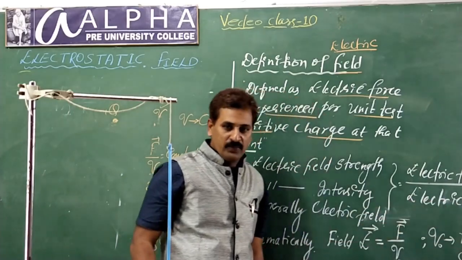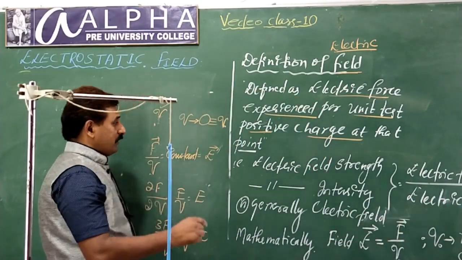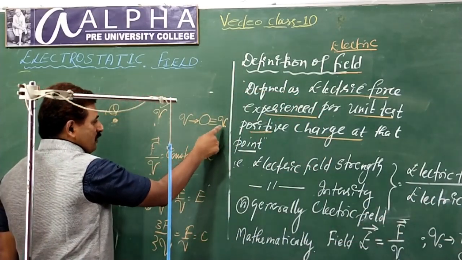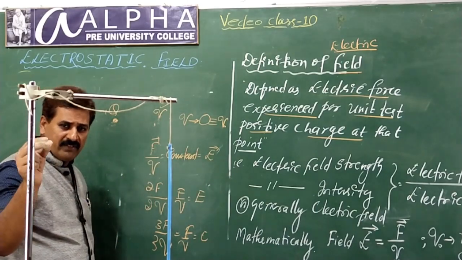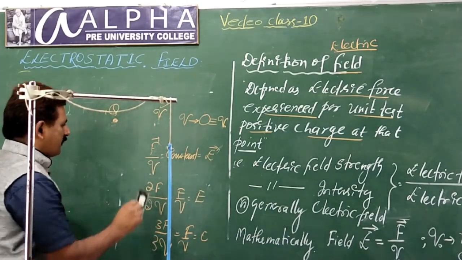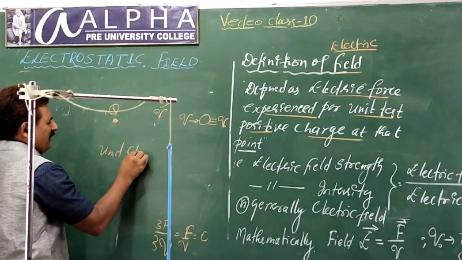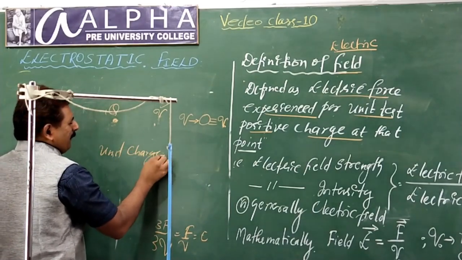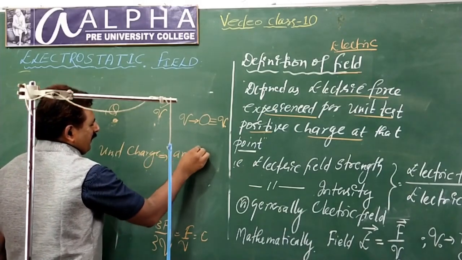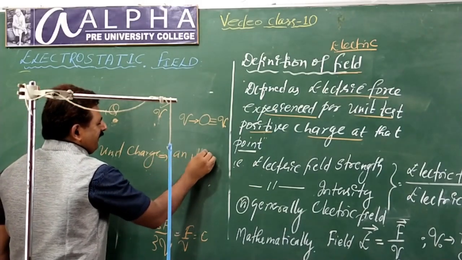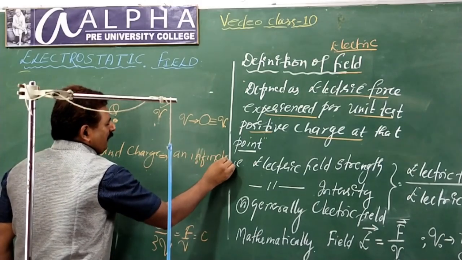Unit test charge. Unit does not mean 1 here. Unit charge implies a charge whose value is very small. Unit charge, unit test charge. Here, what is unit charge? Unit charge implies an infinitesimal. Infinitesimal means what? Very small.